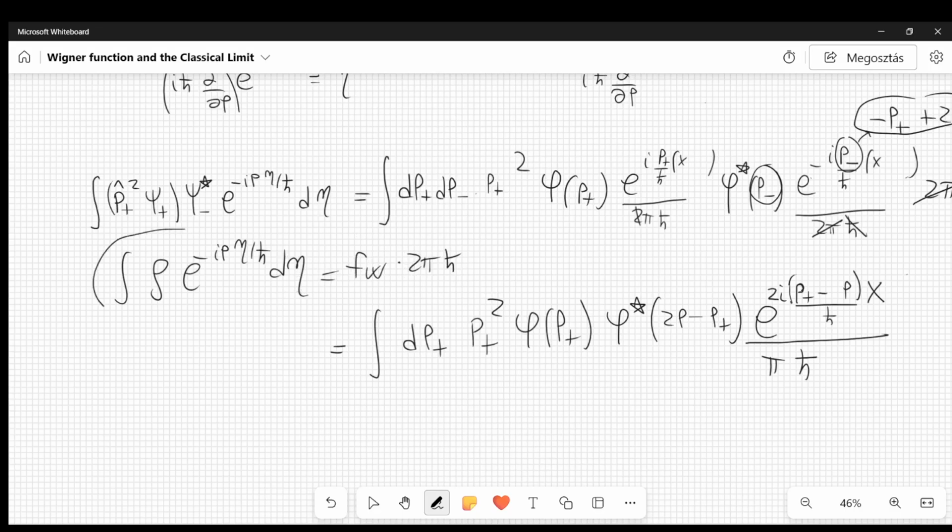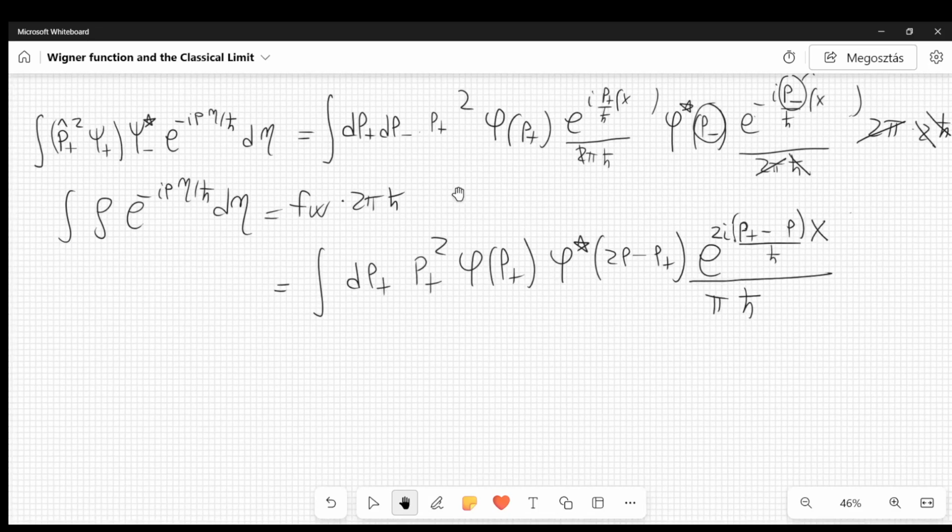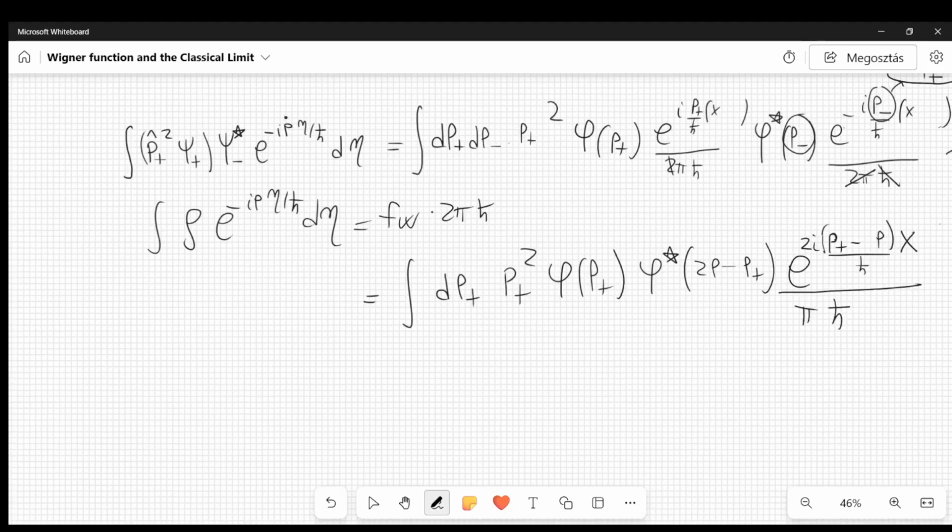So if we start from here, what we get is fw times 2 pi h bar. This means that if we remove, for example, this p plus squared, what we have left is exactly fw times 2 pi h bar. So we just have to remind ourselves that this p plus squared comes from this operator p plus squared in here.